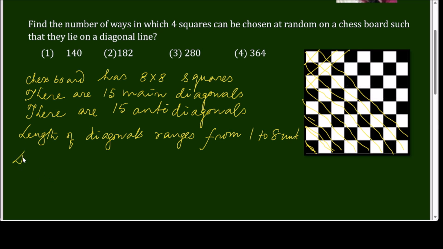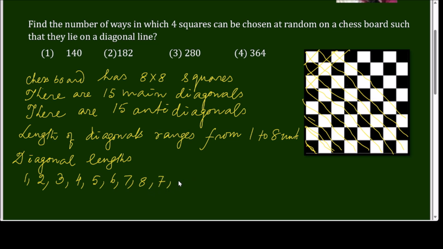So the diagonal lengths are 1, 2, 3, 4, 5, 6, 7, 8, and again decreasing 7, 6, 5, 4, 3, 2, 1 units. This thing is clear now.